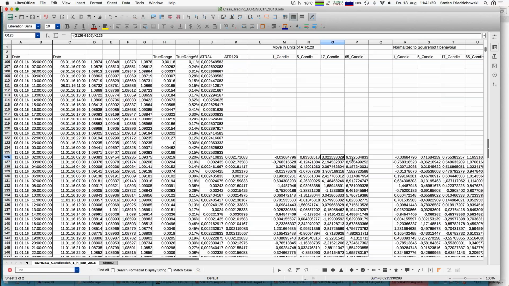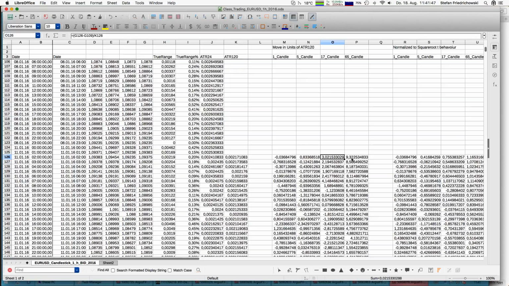So if we double the time period, we only have typical movements with a factor of square root of 2, so 1.4 in this case.